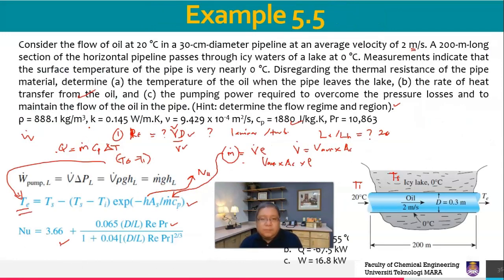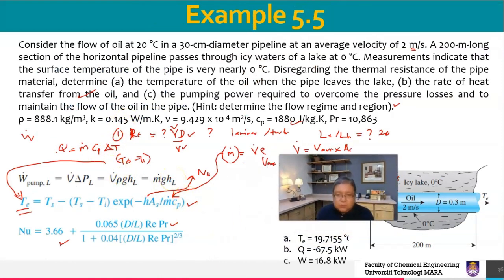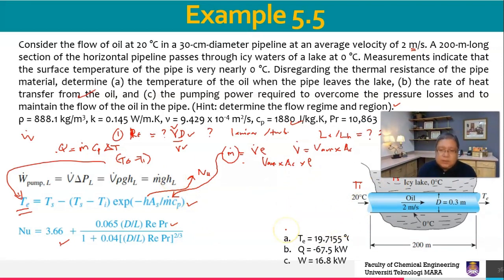No problem. So the answer is shown here. T_e is 19 degrees Celsius. You have Q of negative 67.5. The negative is because T surrounding is lower than T fluid, or rather T surface is lower than T fluid.